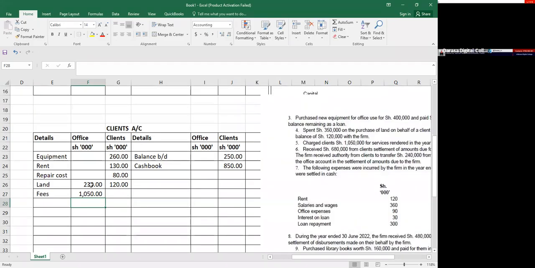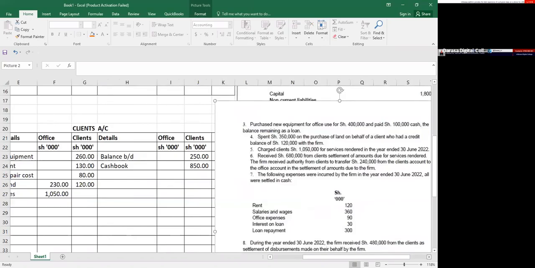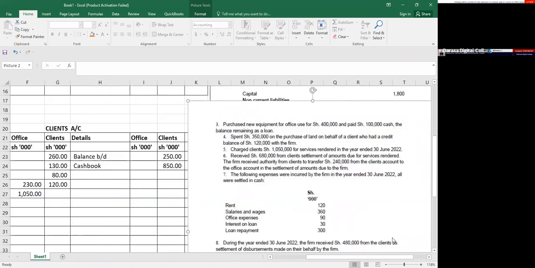Then we mentioned that clearly we will have to transfer that fees, closing the fees account. By closing the fees account, we debit the fees account and we credit our P&L account, which we'll be doing as we prepare our P&L. After that, we proceed to the next item. The firm received stationery from clients, authority from clients to transfer to 40.